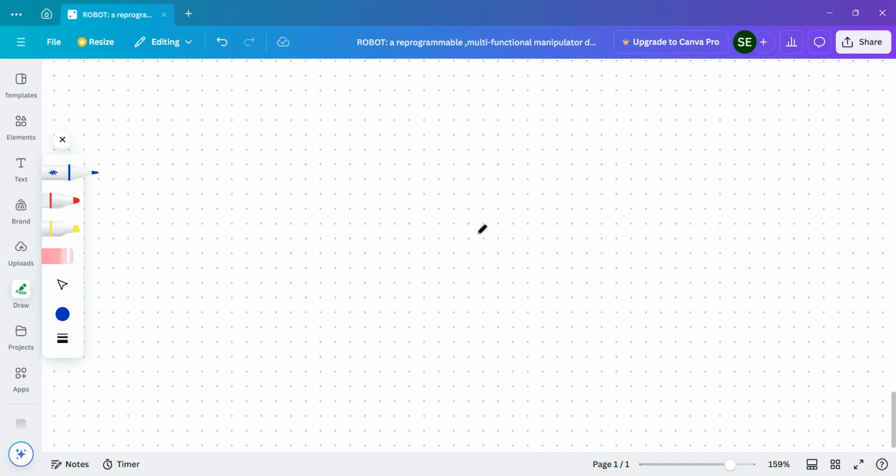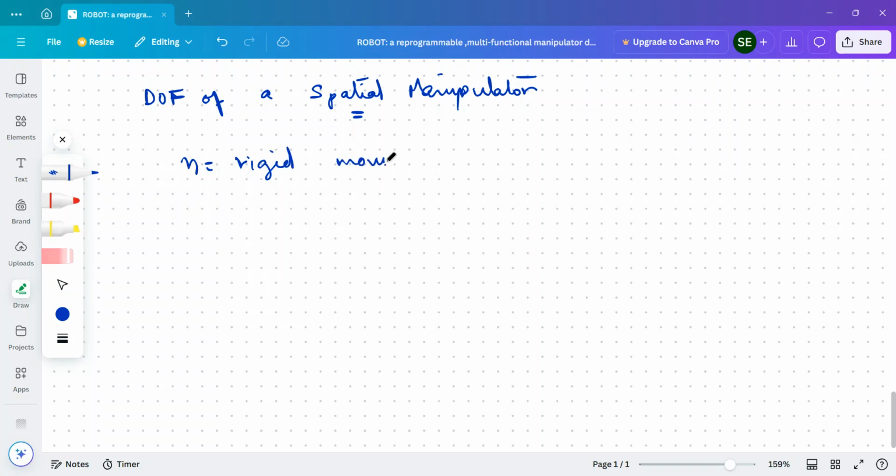Now, degrees of freedom of a spatial manipulator. Let's get deeper in this section. Let us consider a manipulator having n number of rigid moving links.